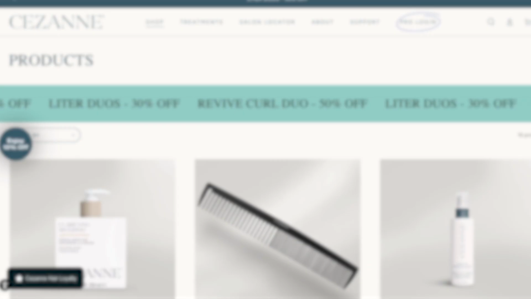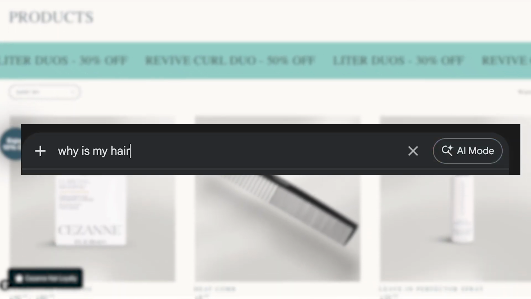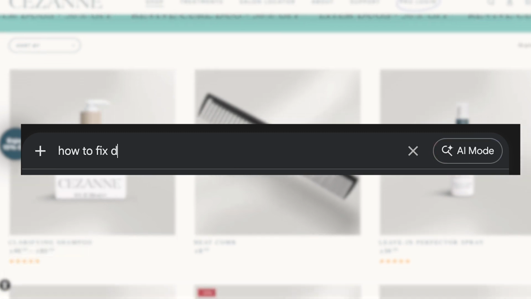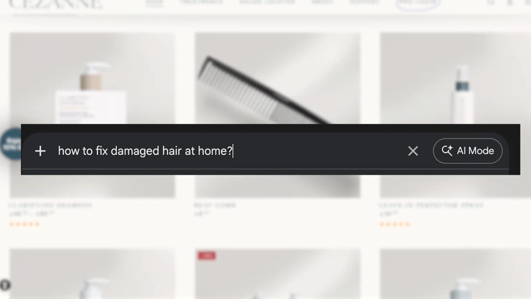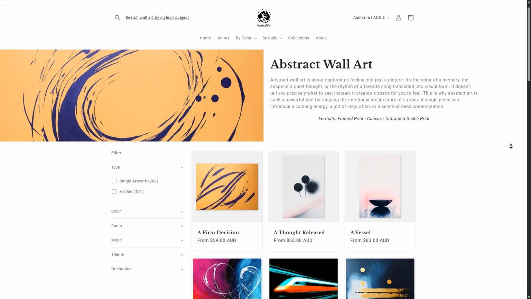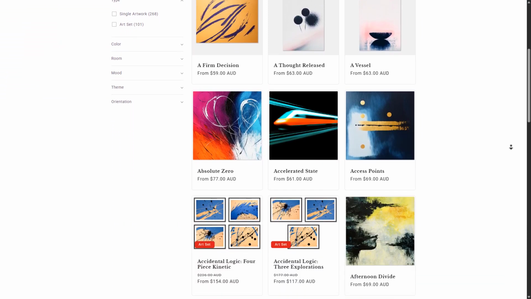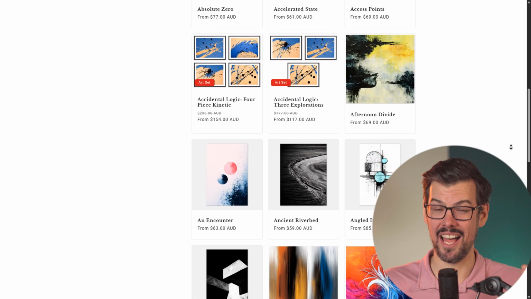If you sell hair care products, they search "Why is my hair thinning?" or "How to fix damaged hair at home." Those are real problems with real search volume, and most Shopify brands selling those products are completely ignoring them in Google Ads. But if you sell something without a clear urgent problem like abstract wall art, this strategy doesn't really work. No one panic searches wall art at 2 a.m.